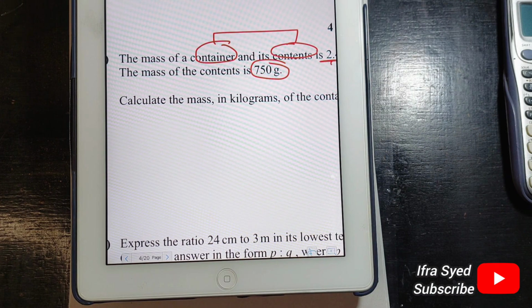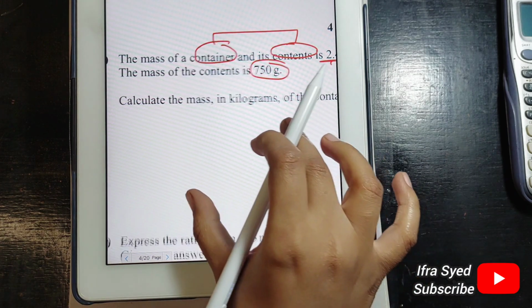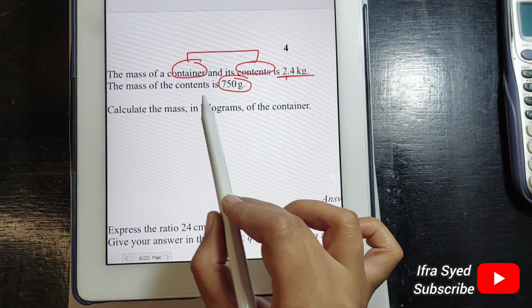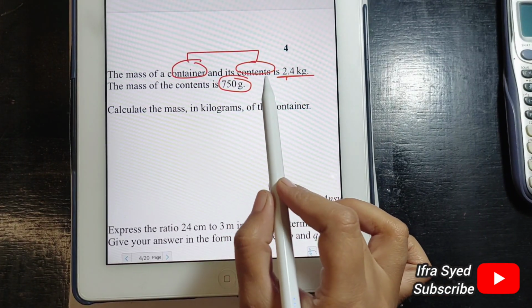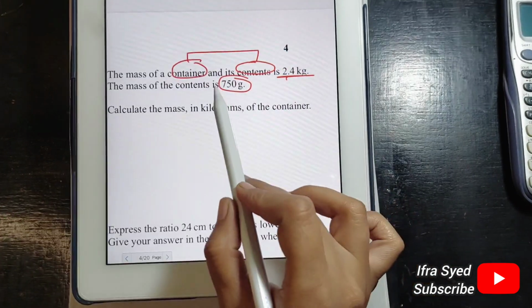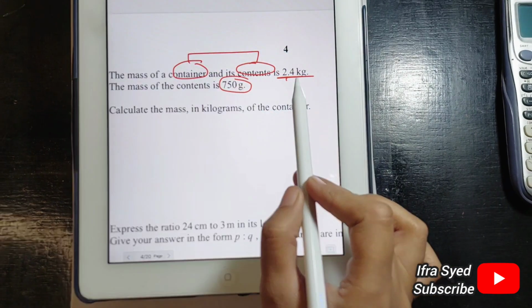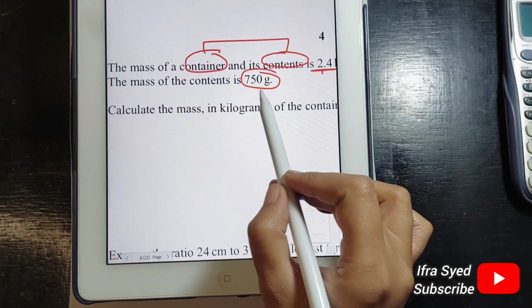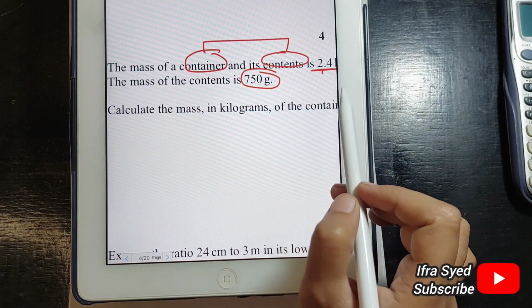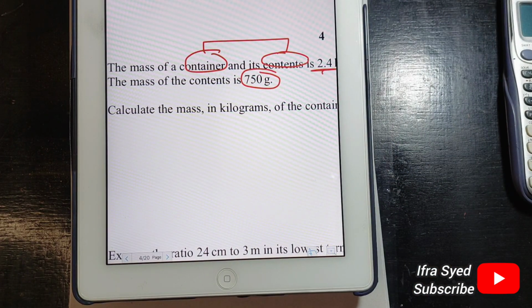So we can easily find out the mass of container by subtracting the mass of content from the mass of container and content. When we remove these contents from the container, we can easily find out the mass of container. So first of all, we need to change this gram into kg. We can easily convert gram into kg by simply dividing it by 1000.